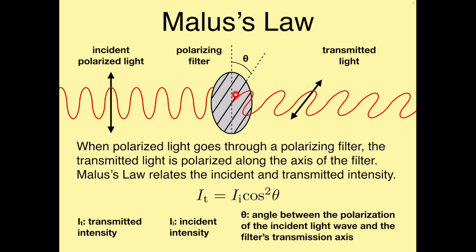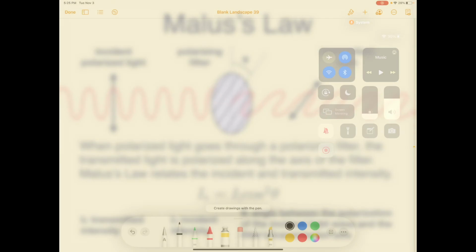The filter has its axis oriented in a certain direction, so the angle between those two directions is theta. Okay, so Malus's law tells us that I_T, the intensity transmitted, is equal to I_I, the incident intensity, times cosine squared of theta. So what matters is the angle between the axis of the filter and the incident light wave's polarization. So let's work out these results.